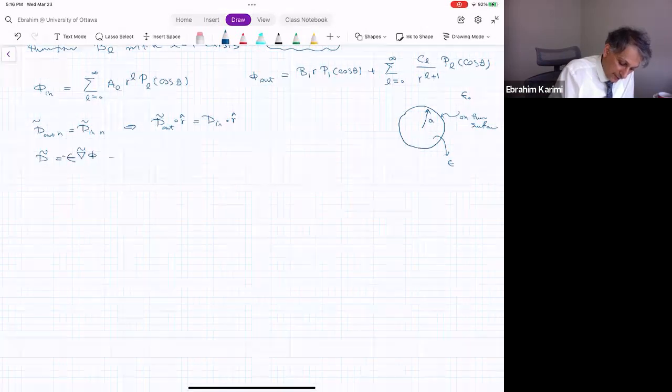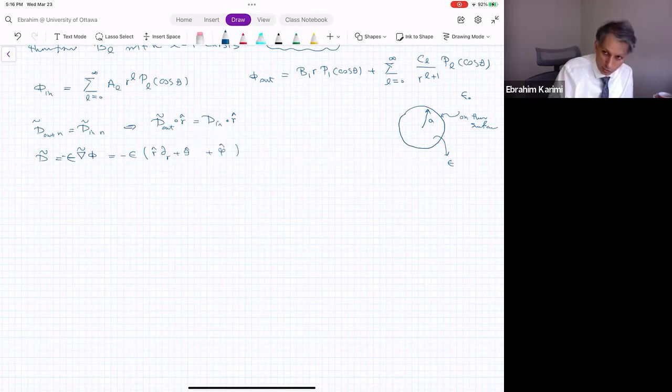If you do the expansion, that will be minus epsilon times the gradient. You have 3 terms. One of them is r hat, which shows up with the derivative with respect to r, and the others will be in terms of theta hat and phi hat.